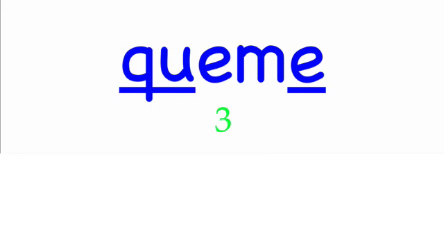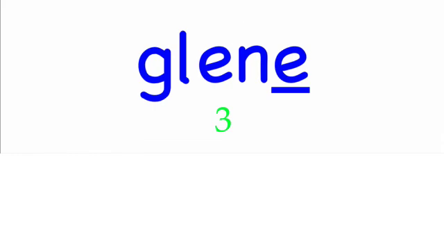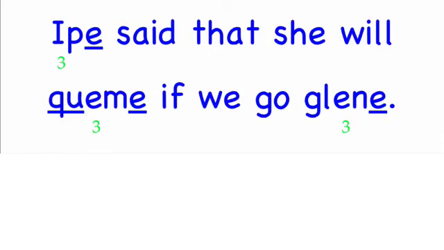Remember, in English, when you hear the sounds K and W combined in a word, you use QU to spell those two sounds. It's a consonant team. U is part of the consonant team here. It is not a vowel. If we go glean. This is a nonsense word, and it has four sounds. G, L, E, N. Glean. Ipe said that she will queem if we go glean.